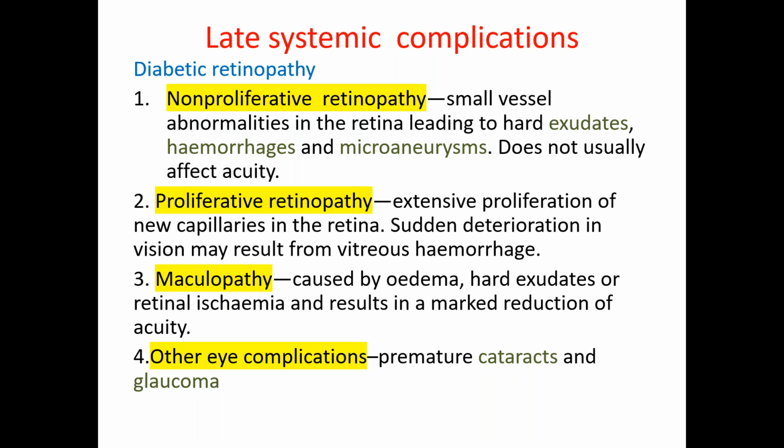Vitreous hemorrhage leads to blindness of the eye. Another is maculopathy. Maculopathy is caused by edema, hard exudates, and retinal ischemia, and results in marked reduction of the acuity of vision. And apart from this, there are other important complications in the eye: premature cataract and glaucoma.